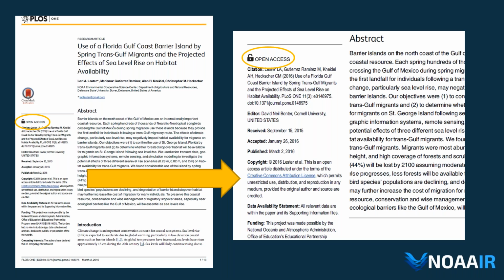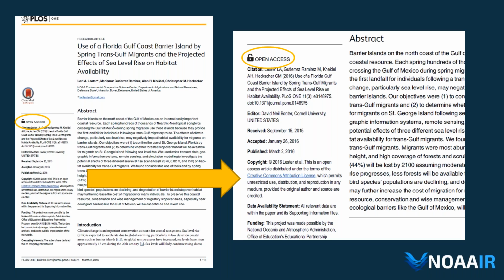So what I thought we would do is go through a couple of examples of articles. These are things that, again, are in the institutional repository and have been submitted to us. This is a PLOS open access article. Obviously, everything in PLOS is open access. It's the Public Library of Science, so all of these have some sort of Creative Commons license. I've added indicators on this document that show you this is open access.